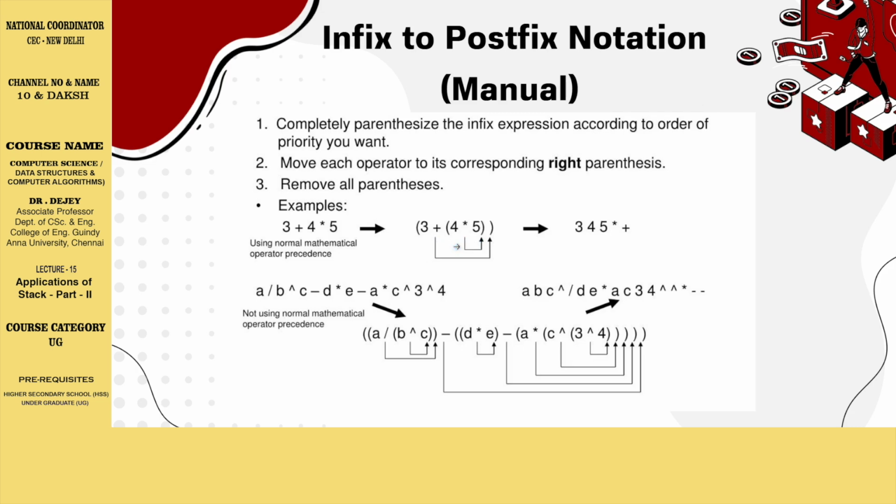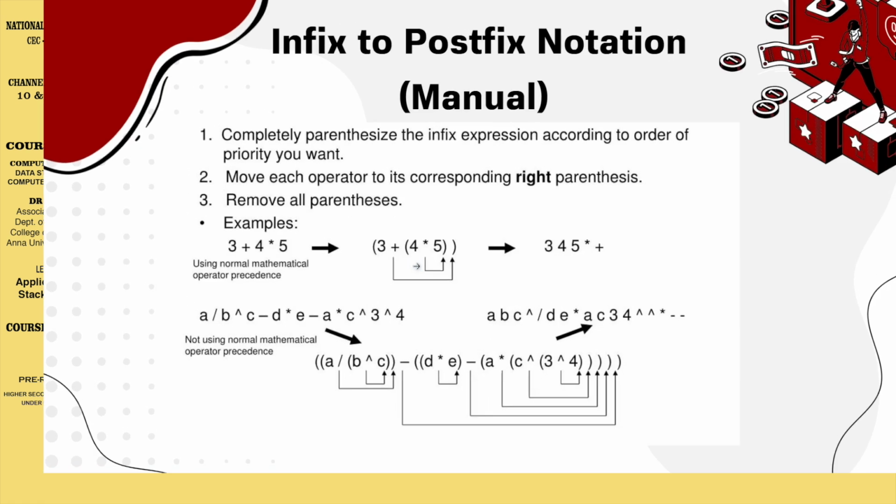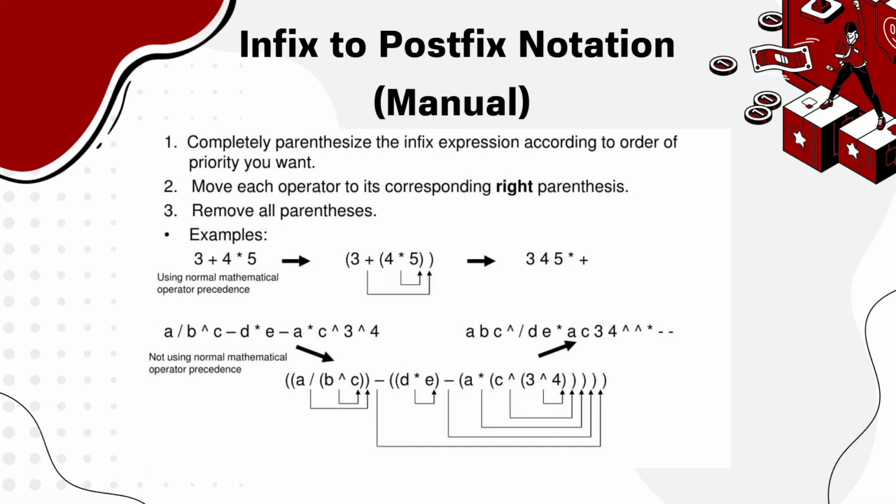We know that parentheses have the topmost priority, and if we include a parenthesis in our expression, then that portion of the expression will be evaluated first. And if we have multiple parentheses in an expression, always the innermost brackets have the topmost priority, and that sub expression will be the one that is evaluated first.